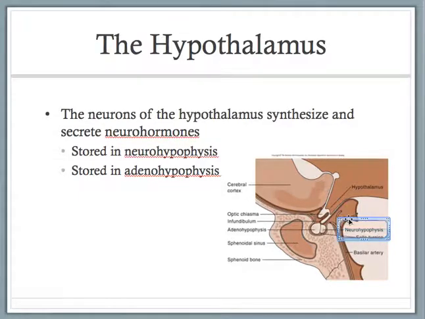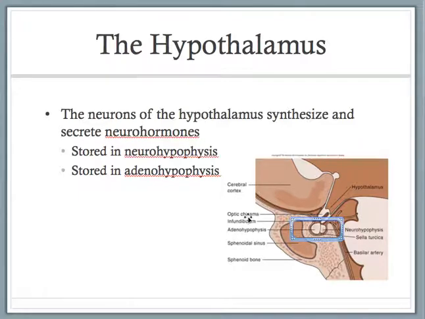Technically, we call the pituitary in general the hypophysis. And if you remember some terminology, neuro means that it contains some neurons, essentially some central nervous system tissue, where adeno is referring to an organ or a gland. So sometimes we'll have things made in the hypothalamus that will then be delivered to the neurohypophysis, or we can have actual glandular activity in the adenohypophysis.